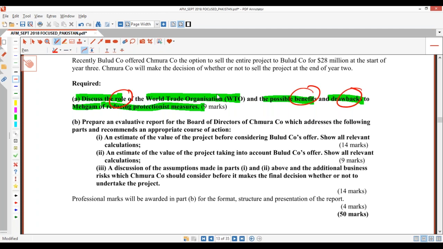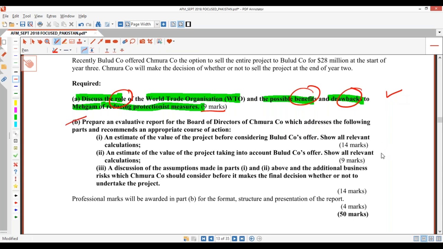Fairly distributed, 3 marks each. Role 3 marks, benefits 3, drawbacks 3. I think this should be no problem for you guys. I'll just go through that one. I'm not going to write any answers for that one. You can always refer to the suggested answers published by the ACCA.